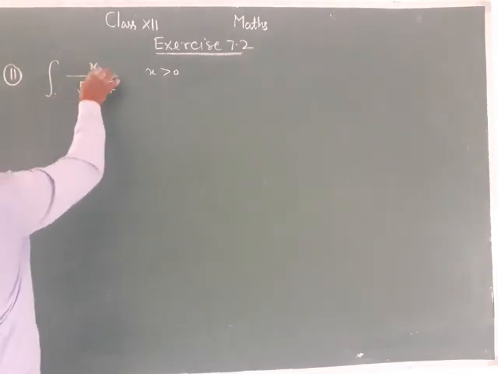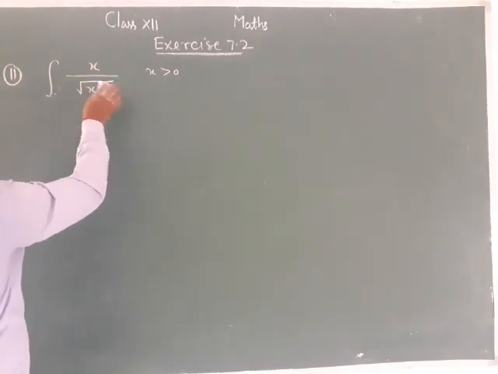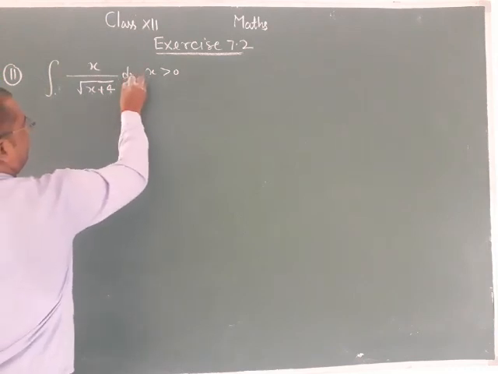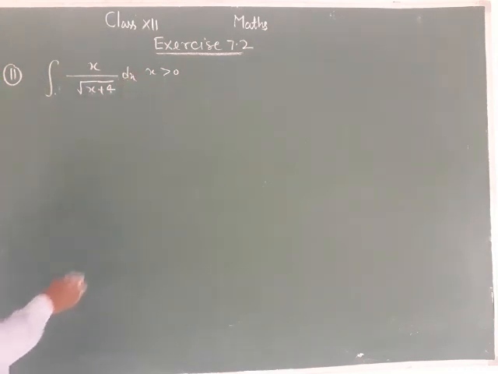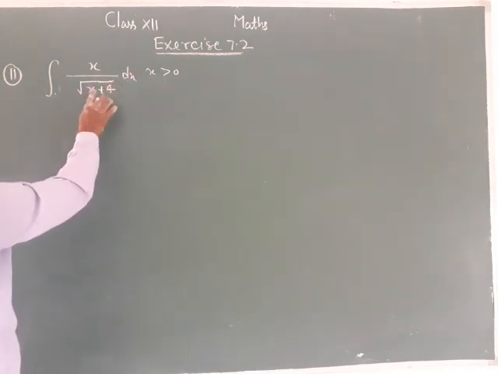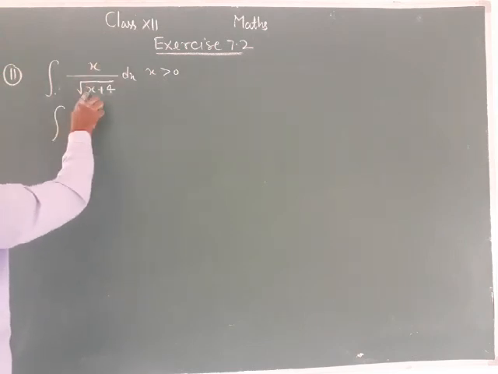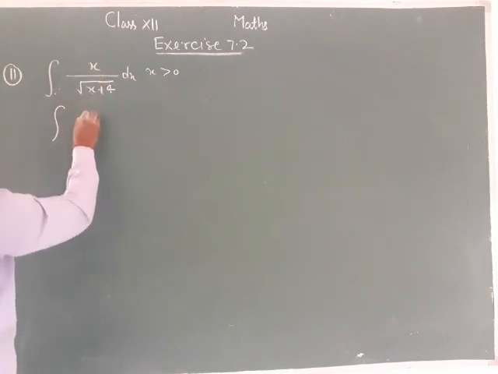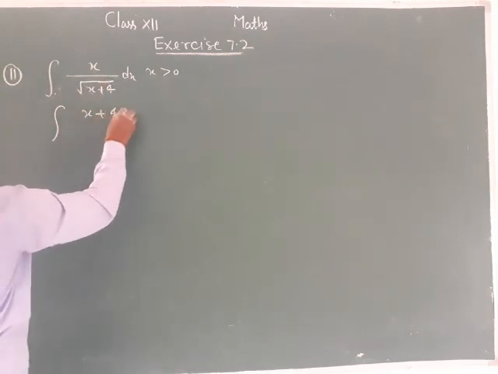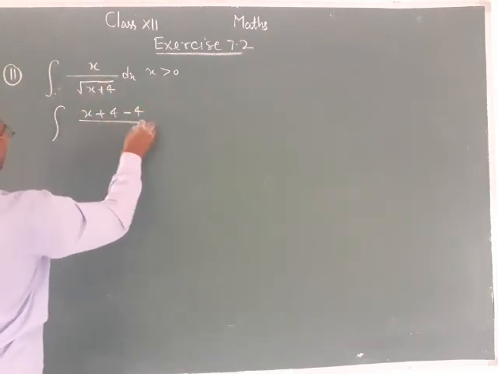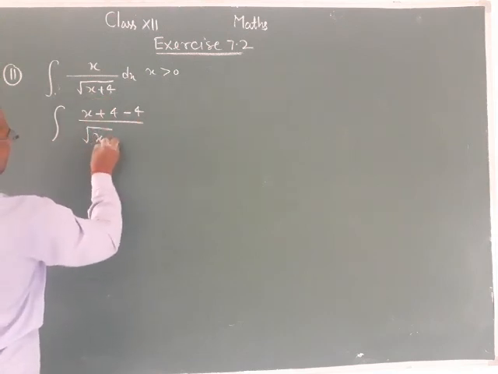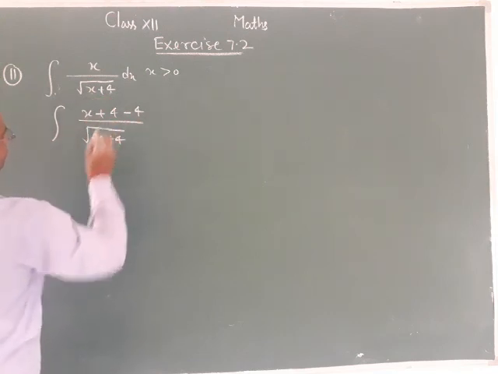Integral of x upon root x plus 4 dx. So now change into another form. So x plus 4 minus 4 upon root x plus 4.